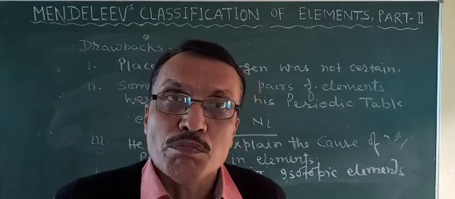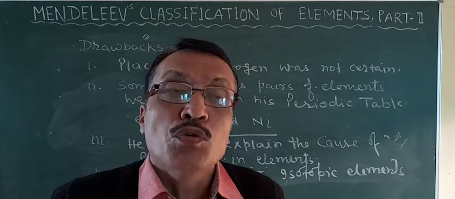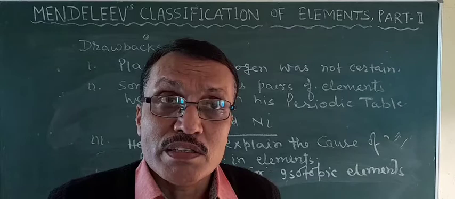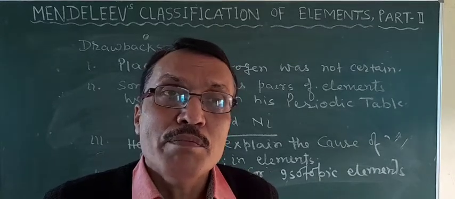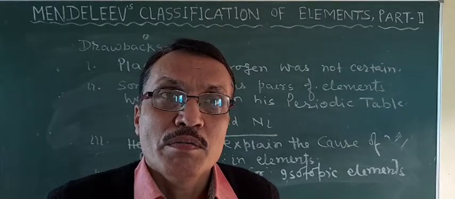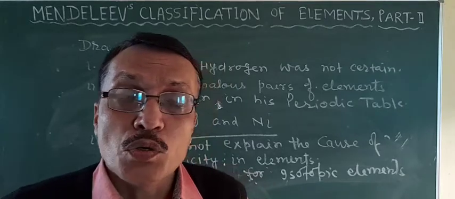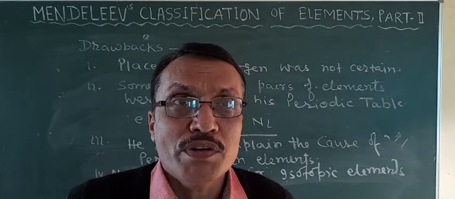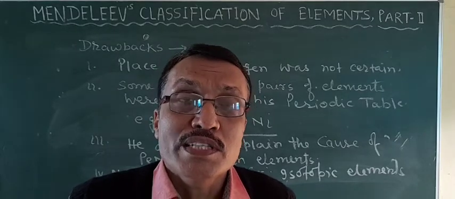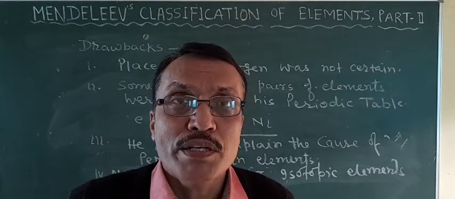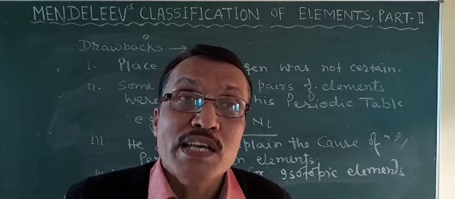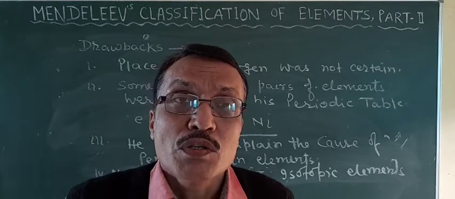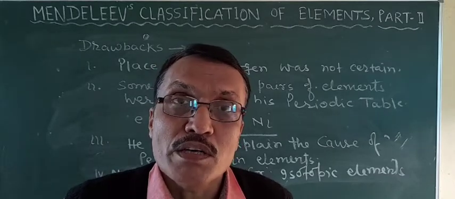Students, before Moseley to classify elements, atomic mass of element was regarded as the fundamental property. But Moseley told atomic mass is not the fundamental property of an element. Atomic number is the most fundamental property of an element. And by saying this, Moseley proposed a law which is known as modern periodic law.